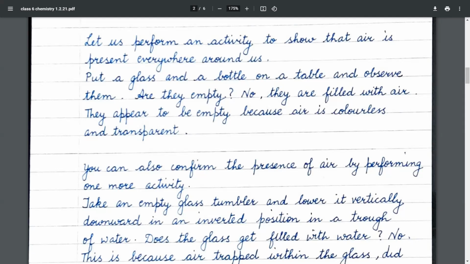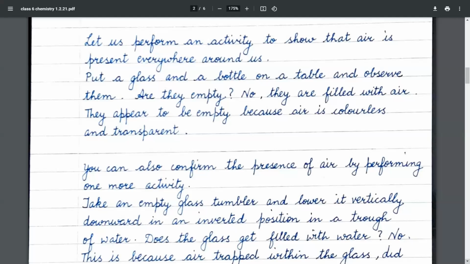You can also confirm the presence of air by performing one more activity. Take an empty glass tumbler and lower it vertically downward in an inverted position in a trough of water.